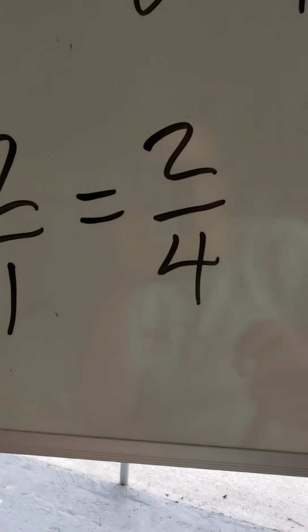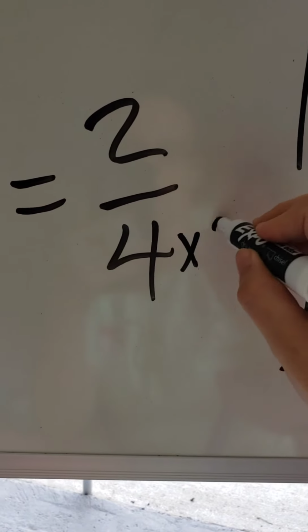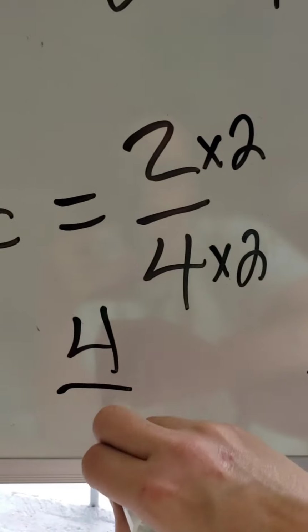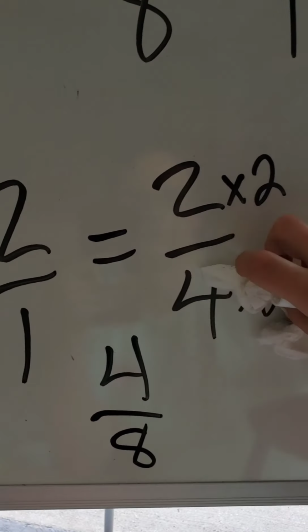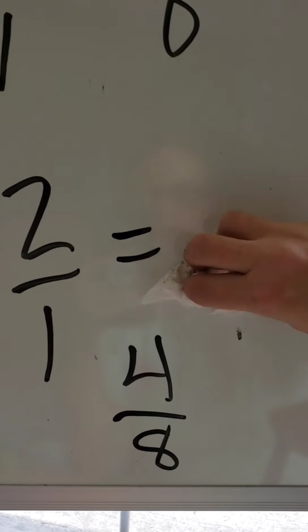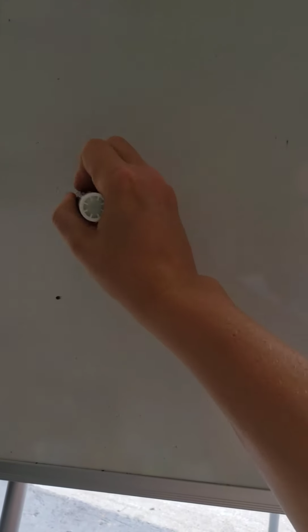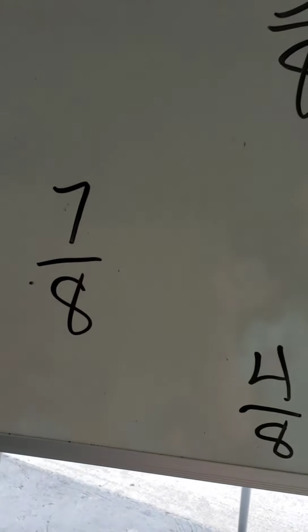So let me start with this 2/4. Let's turn it into an 8. And let's get rid of some of our information here so we don't get confused. Okay, we'll start with 4/8 and 3/8. So there's a 7/8.